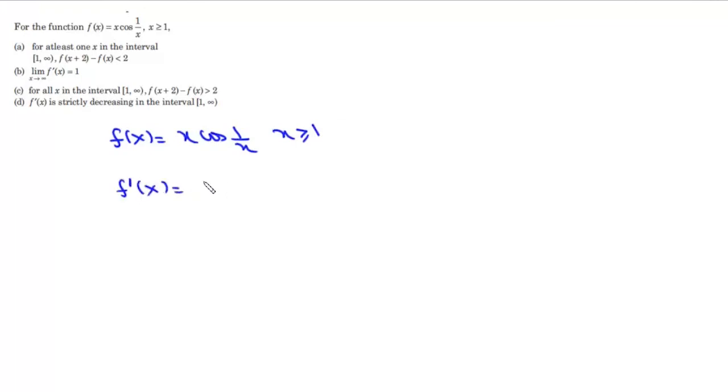Now f dash x will be this x, and the derivative of cos is minus sine(1/x) into minus 1 upon x square, plus cos(1/x).